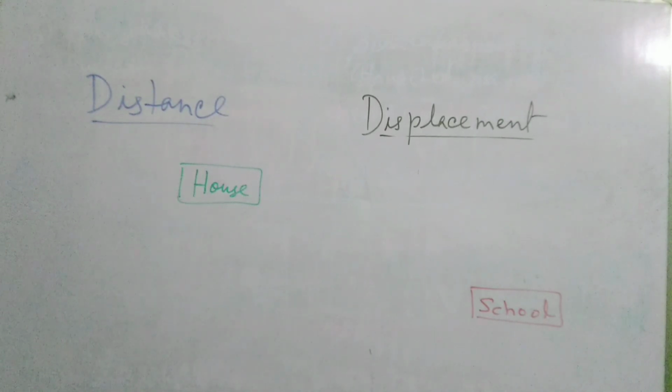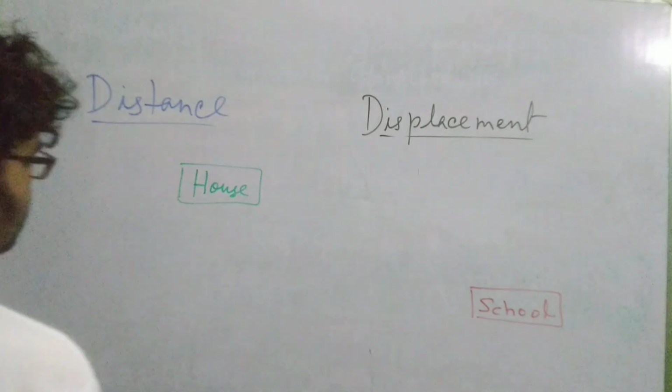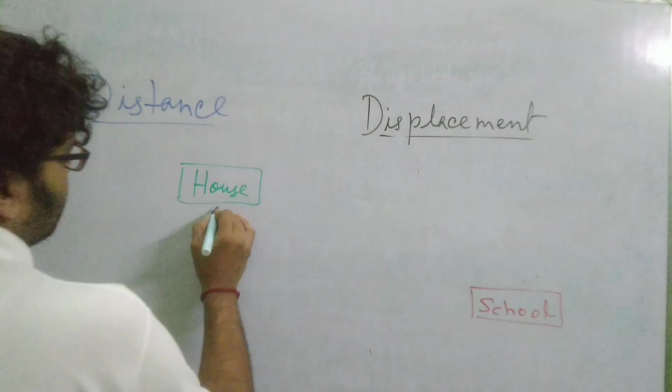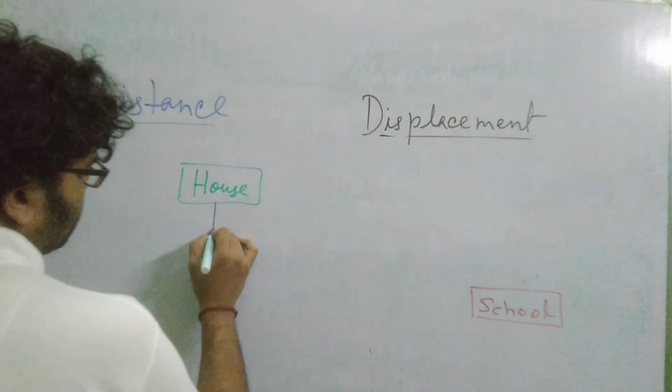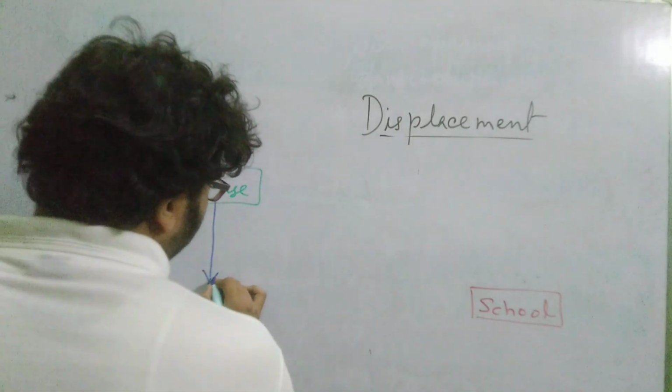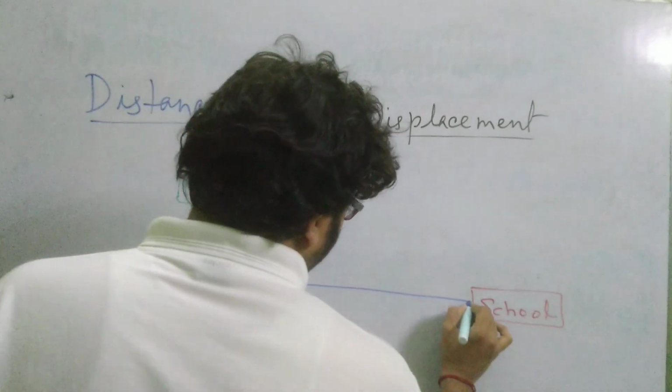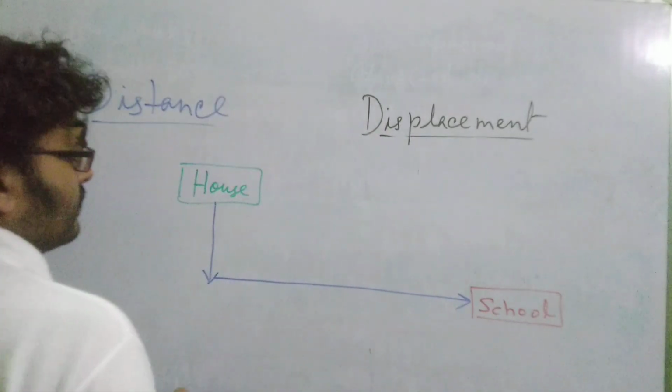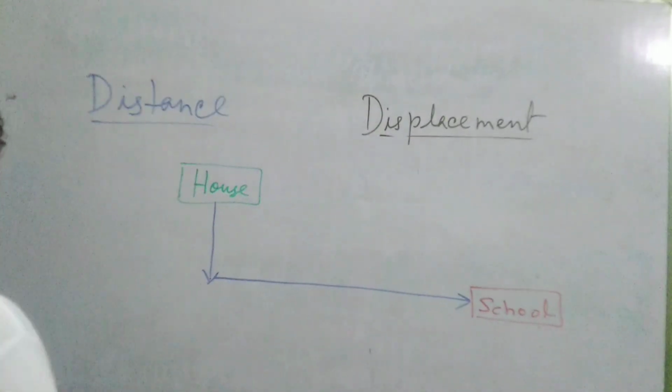Say one road goes like this. You first go in the south direction, then you go to the east direction, and you reach your school. This is one of the roads.